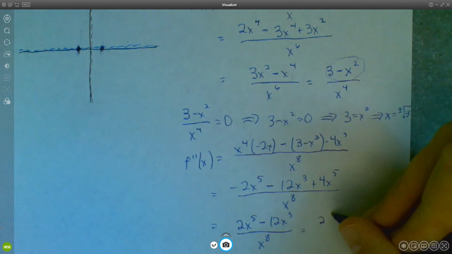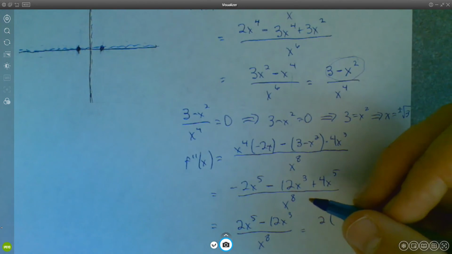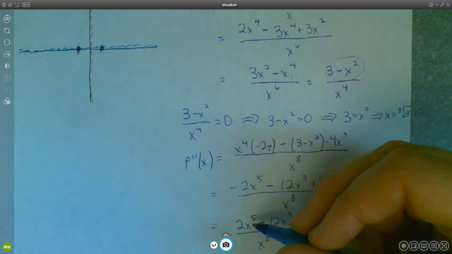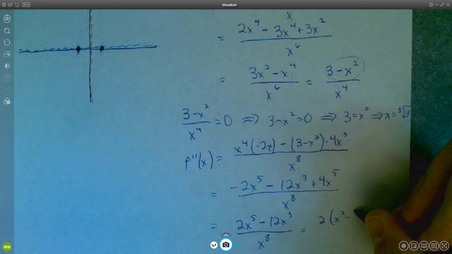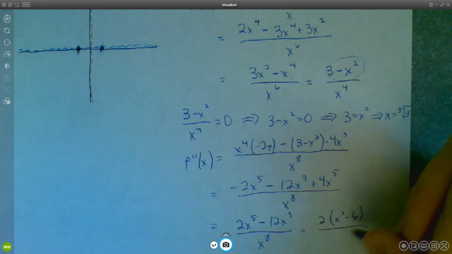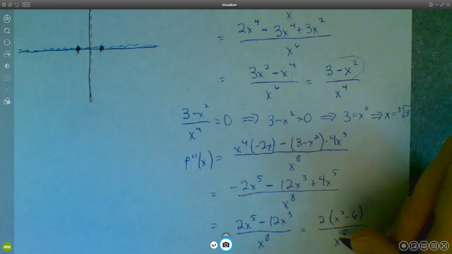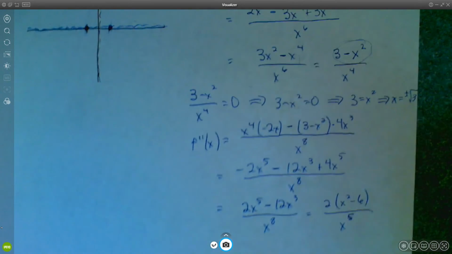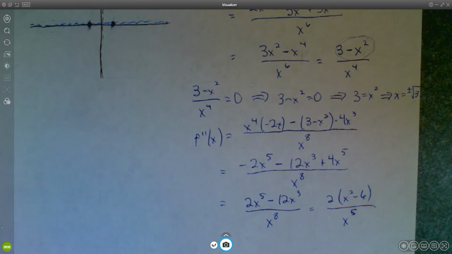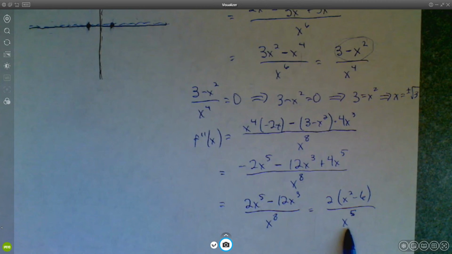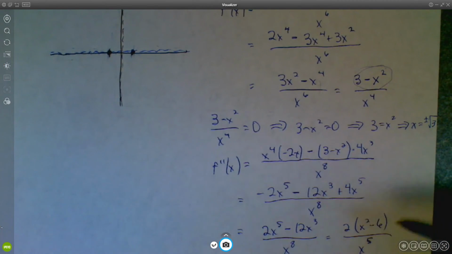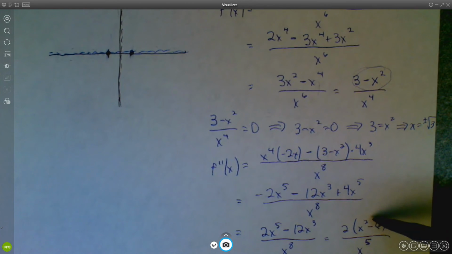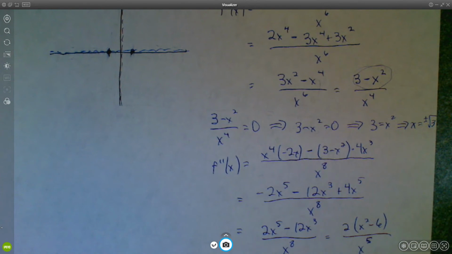We would be left with 2 times x squared minus 6 over x to the fifth. Okay, good. So again, we would have an inflection point at 0, except that the function is not even defined there. We're also going to have possible inflection points at plus or minus square root of 6.